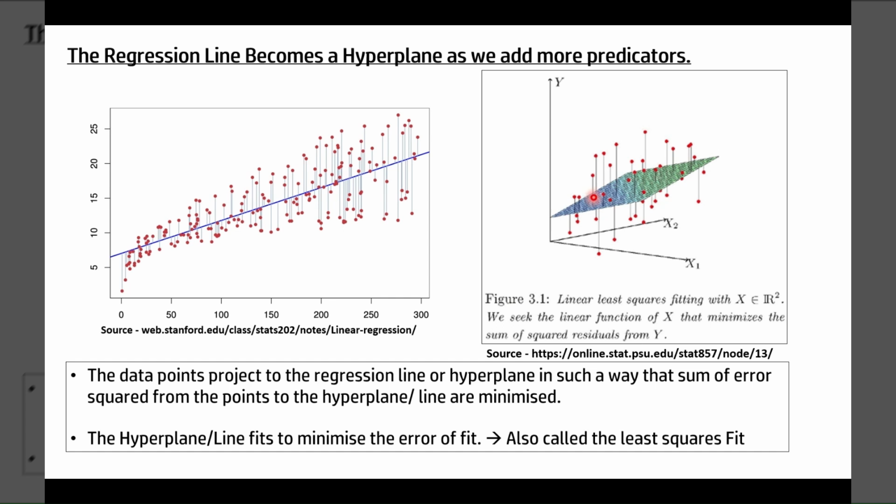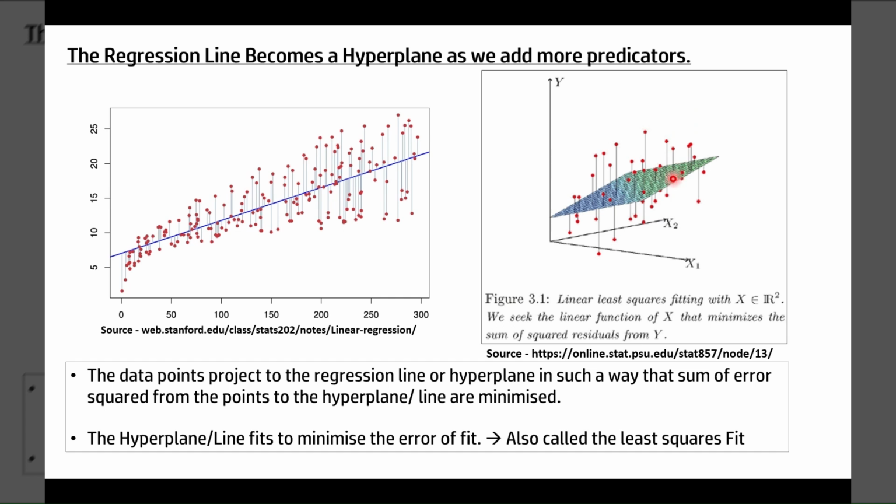Whether it's a line or a plane, the goal is the same. The data points project to the regression line. As you can see, the projections are dropping to the line, and here in this case, the projections are dropping to the hyperplane. They drop in such a way that the sum of errors squared from the points to the hyperplane are minimized.